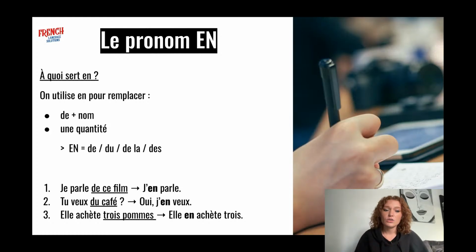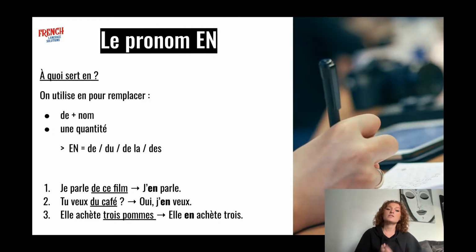Here, when we say tu veux du café, it starts with du, which follows the same rule as de, so you can replace it by en. You remove du café and replace that group of nouns by en. Oui, j'en veux. If you want to answer that question, you want some coffee? Yeah, I want some. J'en veux. And you put the en before the verb.